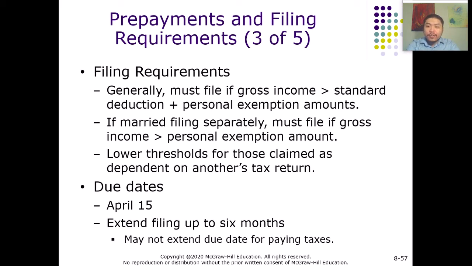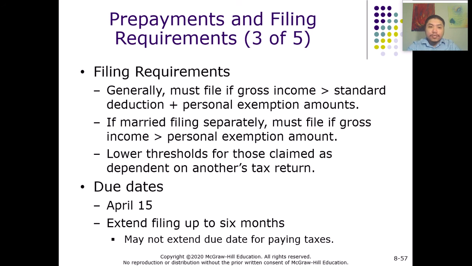For this year, in the U.S., because of the coronavirus pandemic that is happening right now, the government has extended the due date for tax filing to July 15th. So it's not April 15th for this year; it's already extended to July 15th.